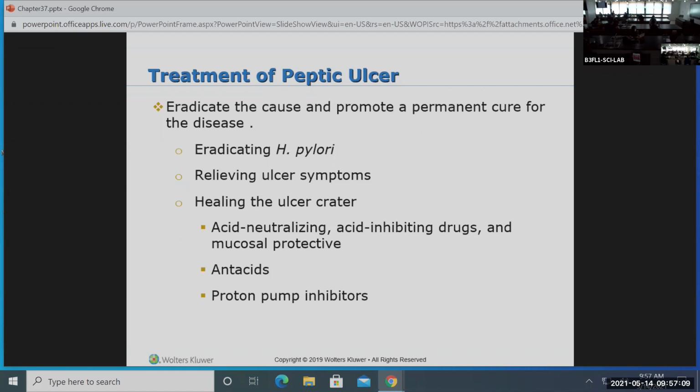Using antacids, or we call using the drug PPI, proton pump inhibitor, which lets the stomach release its content.